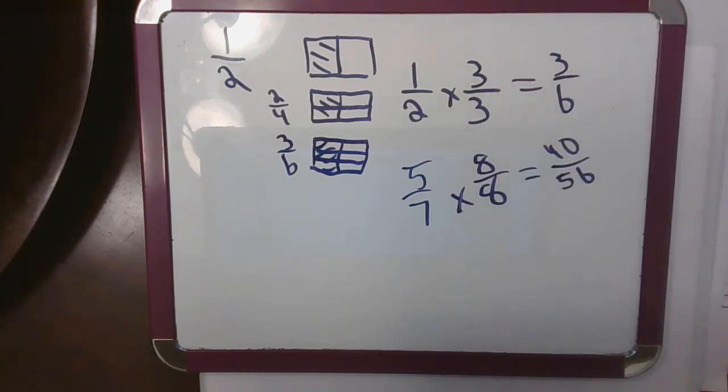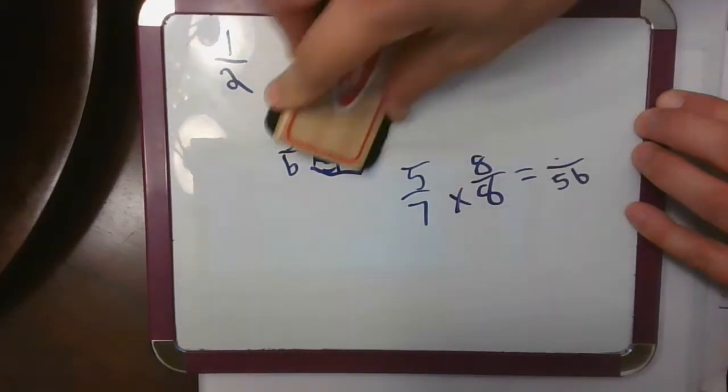So 5/7 is the same thing as 40/56. That's our very quick way to find an equivalent fraction when we're looking for one. This becomes very helpful when we're adding or subtracting fractions with unlike denominators, because you can't do that until they have equivalent fractions with the same denominator.